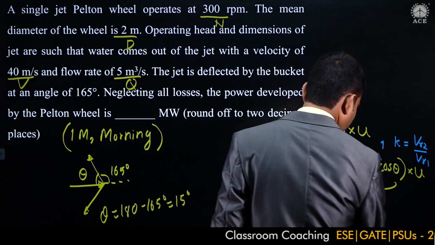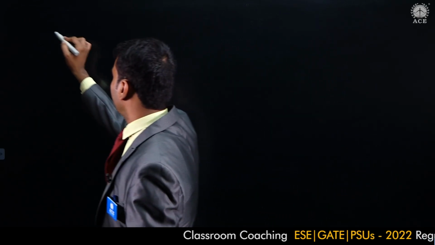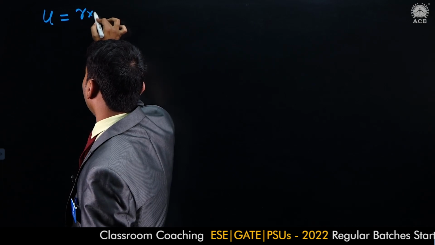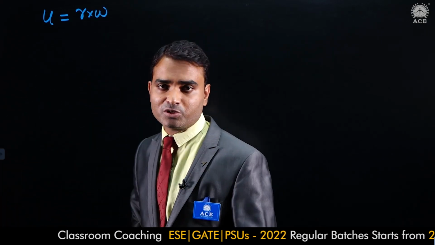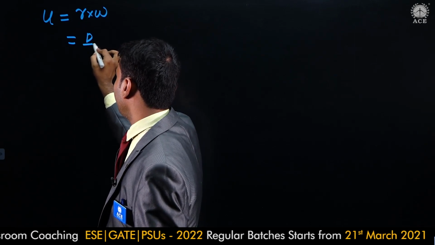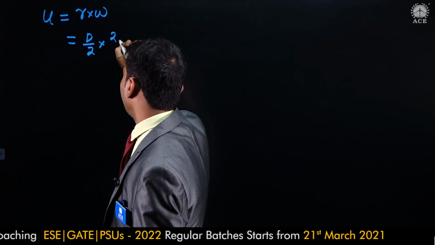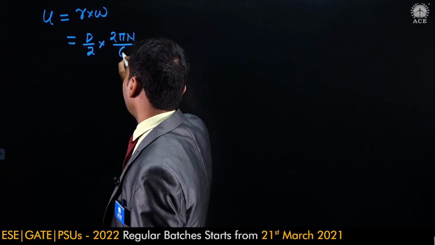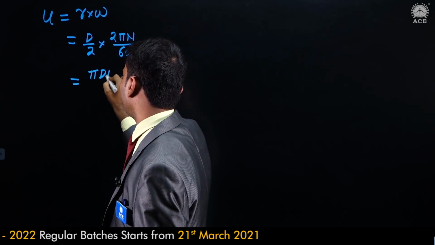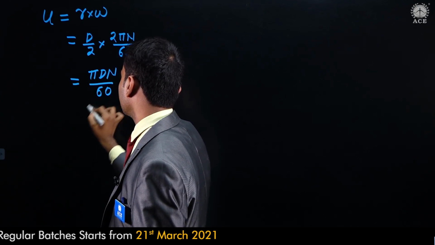First we'll find the bucket speed. Bucket speed is equal to R into omega. The bucket is performing circular motion, so in circular motion velocity is R into omega. The radius is diameter divided by 2, and omega is 2 pi N divided by 60. So directly we can use this formula also: U is equal to pi D N divided by 60.